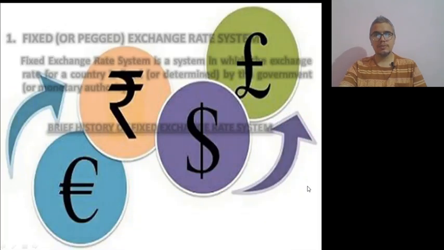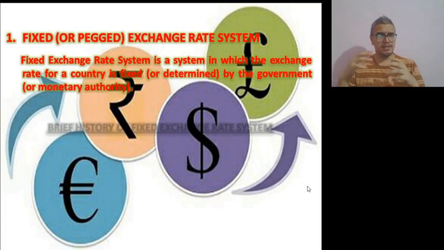Okay, what do we mean by fixed or pegged exchange rate system? It is an exchange rate system where the exchange rate, at what amount of rupee is to be exchanged with $1, how much of Indian rupees will have to be exchanged with $1, that decision is taken by the government or by the monetary authority, that is the central bank, on behalf of the government.